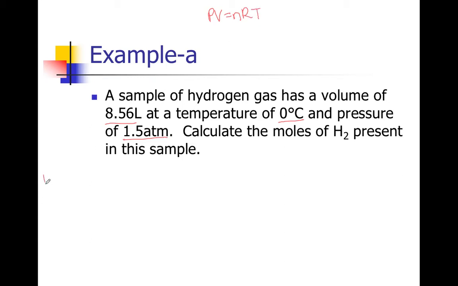Because there are so many variables in this equation, I like to make myself a list and pull it out of the problem to keep my numbers straight and plug them into the right places in the equation. The pressure that we're given is 1.5 atmospheres. The volume that we're given is 8.56 liters.